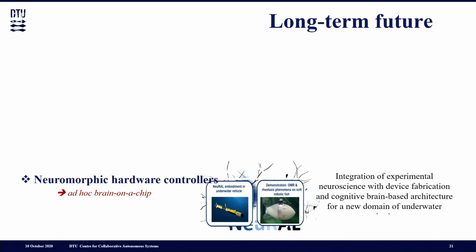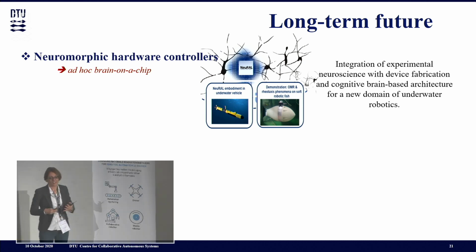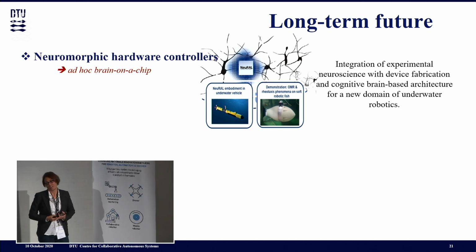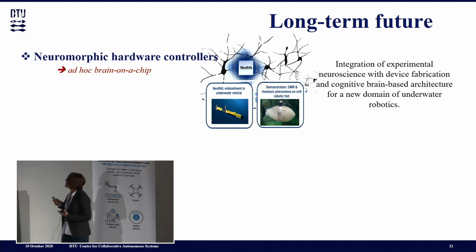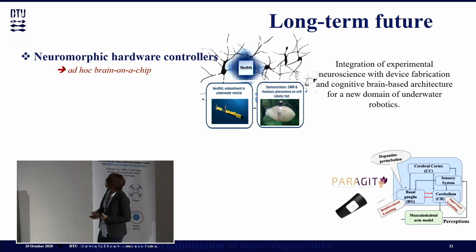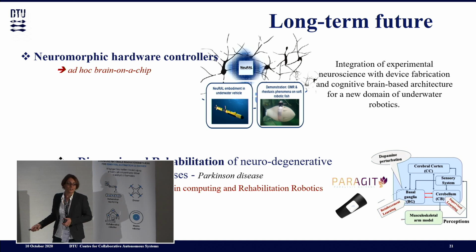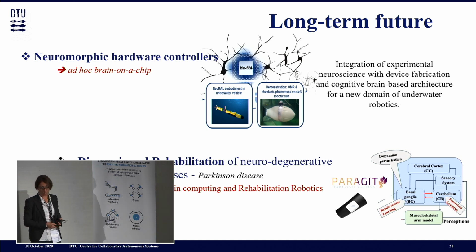So, in the long-term future, we have been building an interdisciplinary team to integrate experimental neuroscience with device fabrication and cognitive brain-based architecture that will open a new domain in underwater robotics. And if we understand the brain, then we can understand when the brain doesn't work.